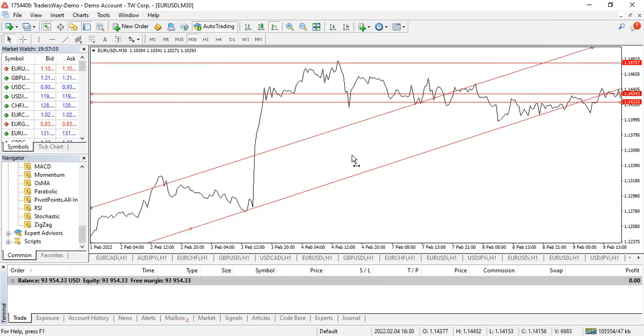So you will show me this as well: where you can place your stop loss and where you can set your take profits, and tell me what risk reward ratio you are targeting.